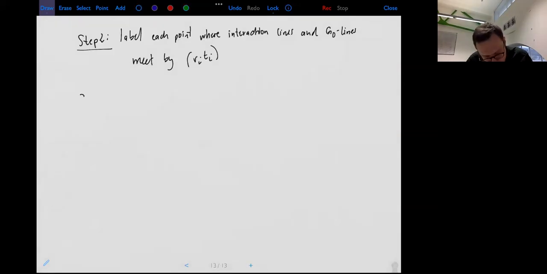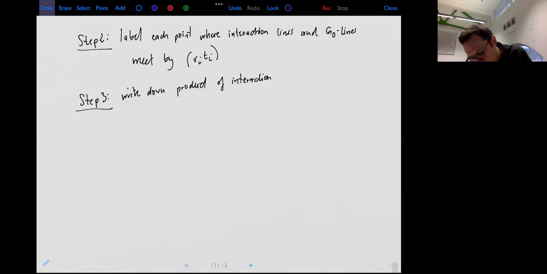There are two more steps. Step 3 is we're going to write down a product of interactions and G0s for this diagram, and then integrate over these intermediate space-time points.